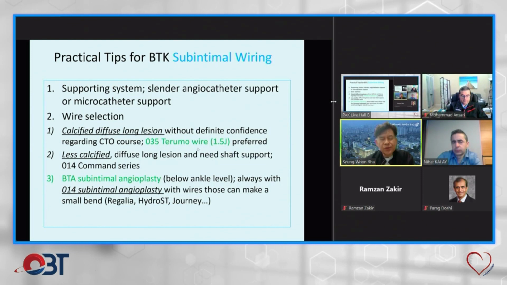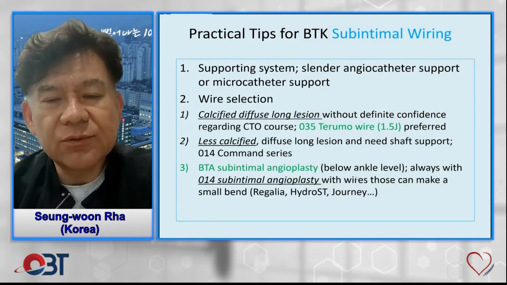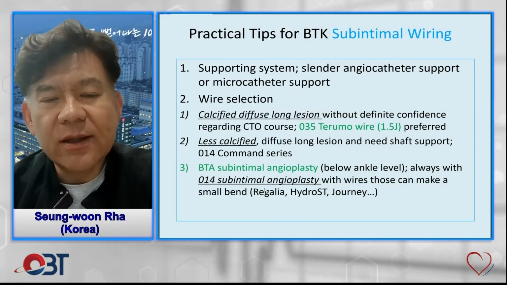However, once you enter the suspicious stump, it's sometimes better to do the subintimal tracking, because that will not go outside of the vessel area. That can be safer than the intraluminal CTO digging, which can go outside. So especially once you track down into the ankle level, it's better to switch.